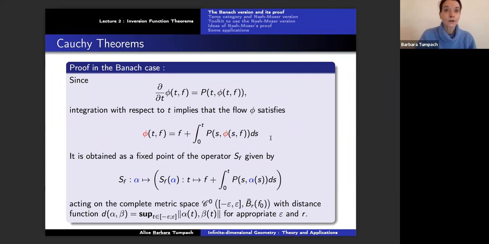Here you see that the flow appears on both sides of this equation. And this should tell you that this flow is a fixed point of a map. The flow on one side is equal to some function of the flow on the other side. More precisely, this flow is a fixed point of an operator S sub f, which is exactly the right-hand side of the equation.